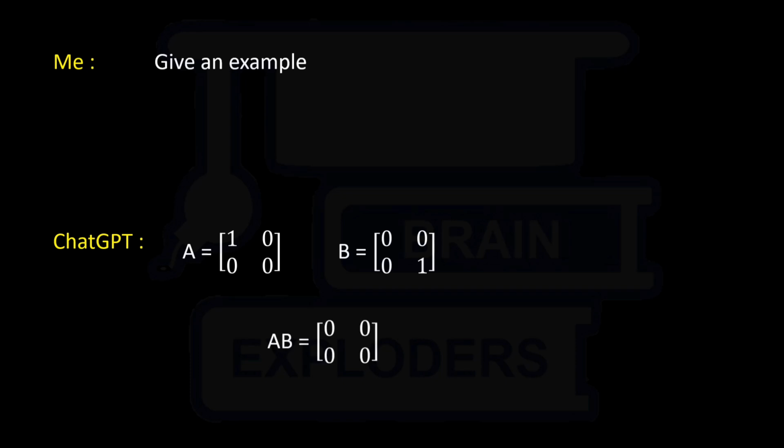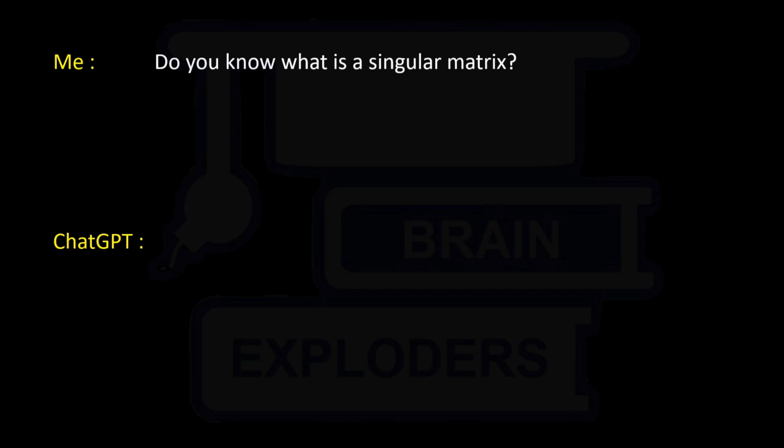But you can see that both of them are singular, meaning here the determinant of A is 1 times 0 minus 0 times 0, which is 0, and similarly the determinant of B is also 0, right? So I again asked, do you know what a singular matrix is?